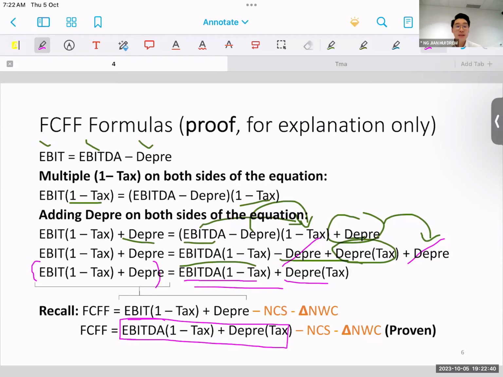So again, I want to repeat that you need to be very careful when you use the various FCFF formulas. If you're using the EBITDA one, you need to make sure your depreciation is multiplied by tax. If you use EBIT, make sure you add back your interest, minus interest times 1 minus tax.